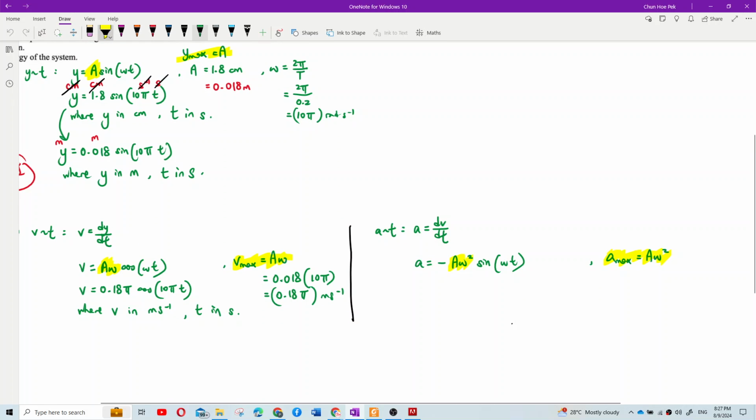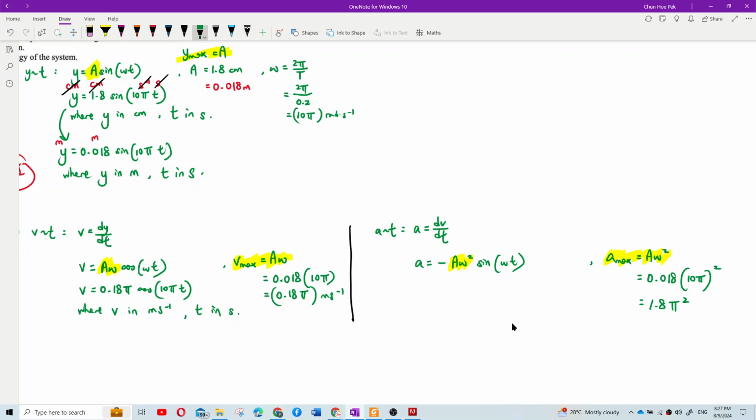So now calculate. Time is ticking, so I have to be fast. Omega is 10 pi, squared. So 10 actually becomes 100, right? 0.018 times 100, which is 1.8 pi square, isn't it, class?